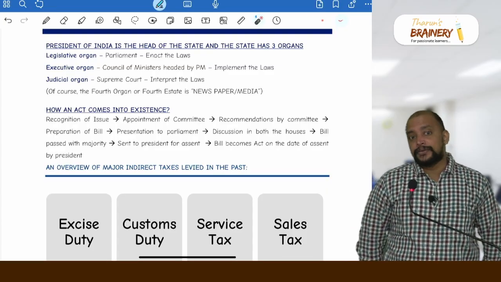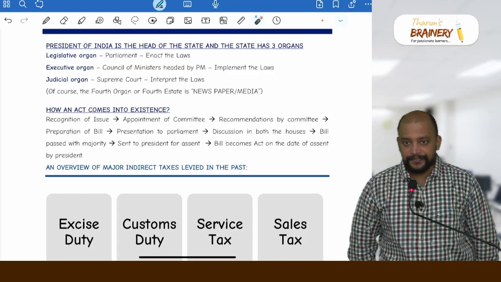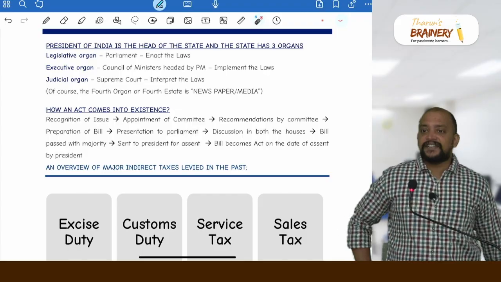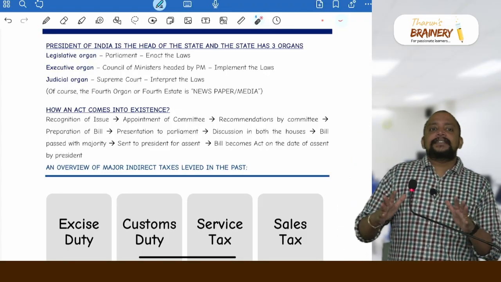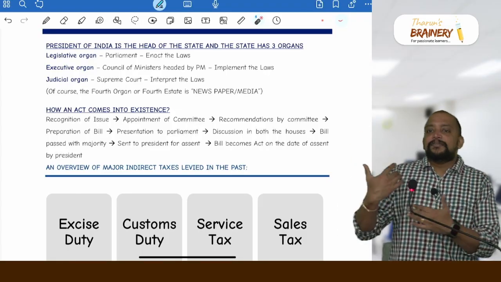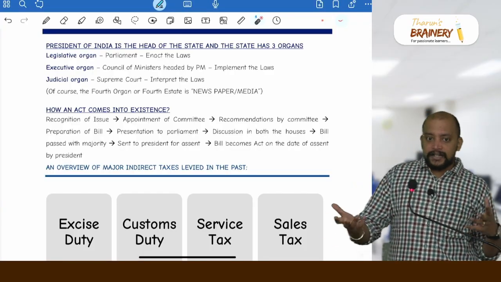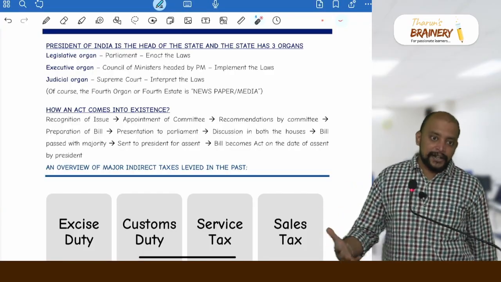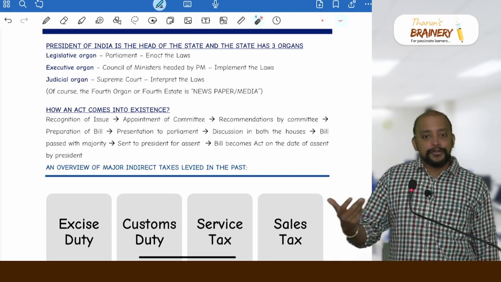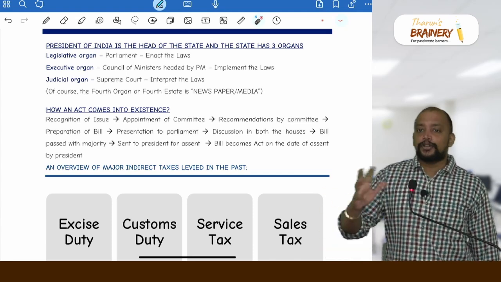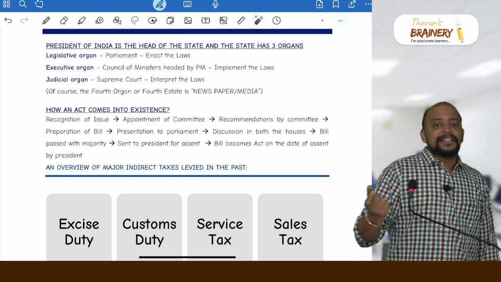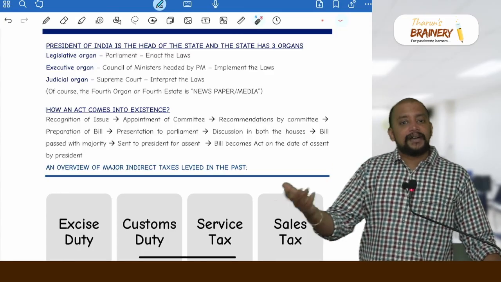Once it gets approved, it is called an act. The draft is circulated in both houses, they discuss and debate whether it is required or not, and finally they approve. Both houses approve and send it to the President. When the President signs, it becomes an act.